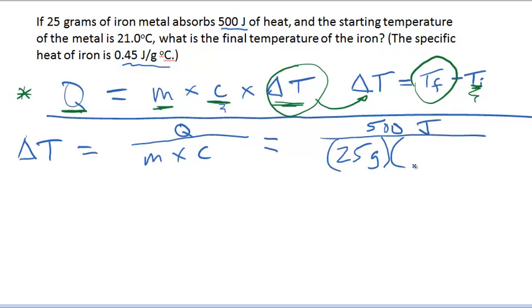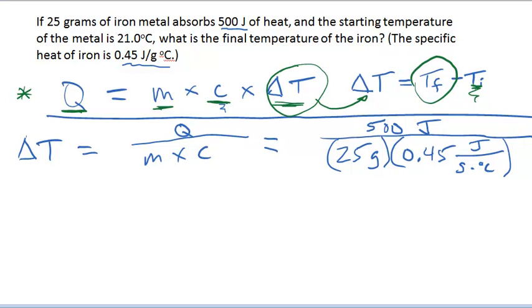I'll use parentheses to indicate my multiplication. And then specific heat is C, and that's 0.45 joules per gram degree Celsius. Okay, so that's what we've got.